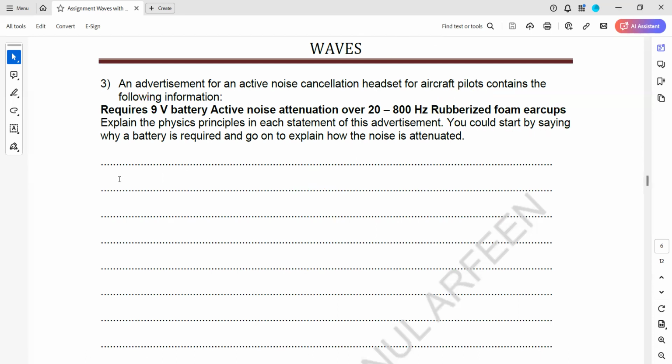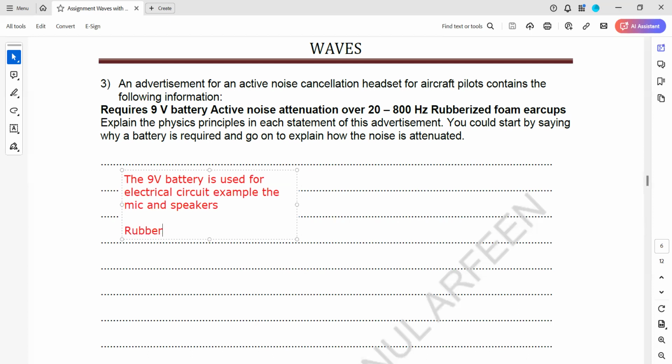So the structure of the answer: the 9-volt battery is used for the electrical circuit, for example the mic and the speakers. Then what is the advantage of the rubberized foam cups?